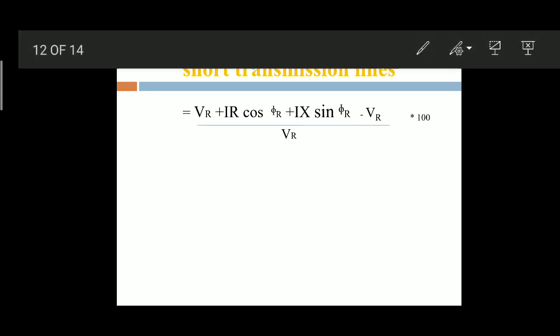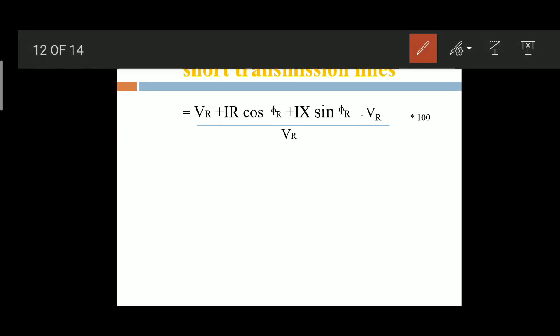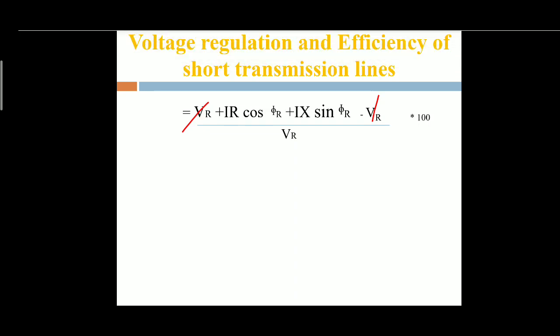In that, VR gets cancelled, and then we obtain IR cos phi r plus Ix sin phi r.